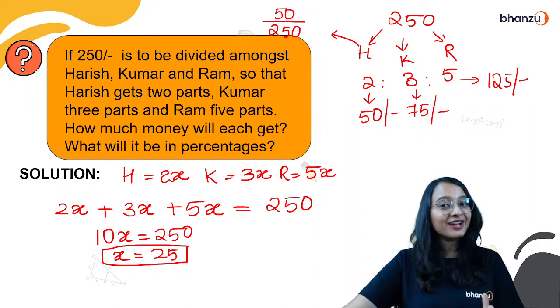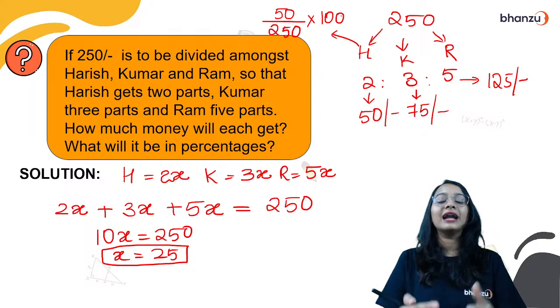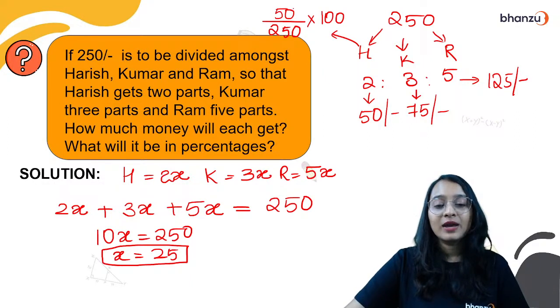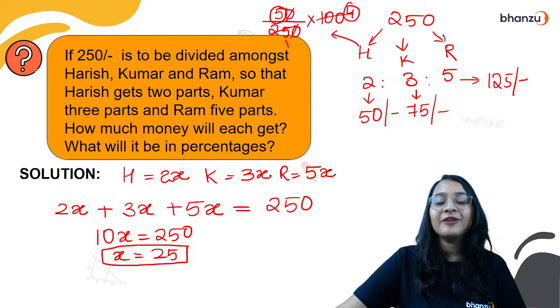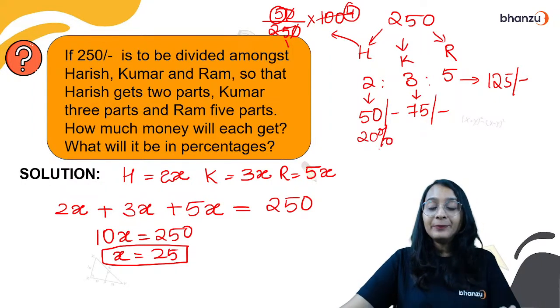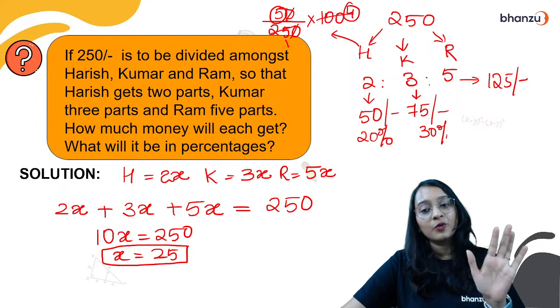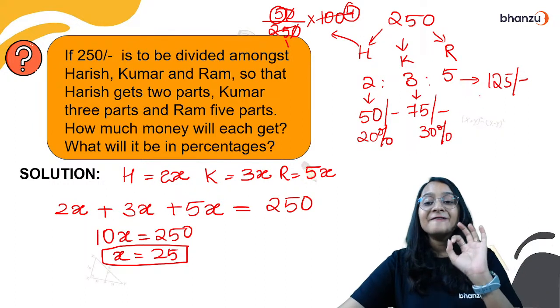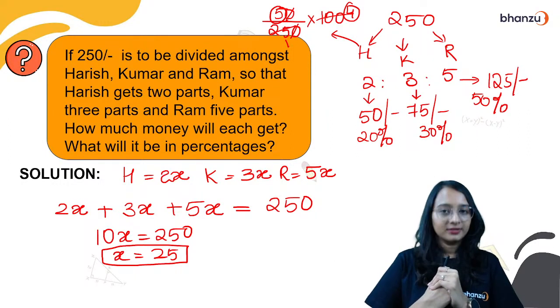So, once you have a fraction, all you have to do is multiply by 100 to convert that into a percentage. So, as you can see, 0, 0 will get cancelled here. 25 into 1, 25 into 4, 4 into 5 will give 20%. So 20% Harish has got, 30% Kumar has got and 50% Ram has got. Alright.